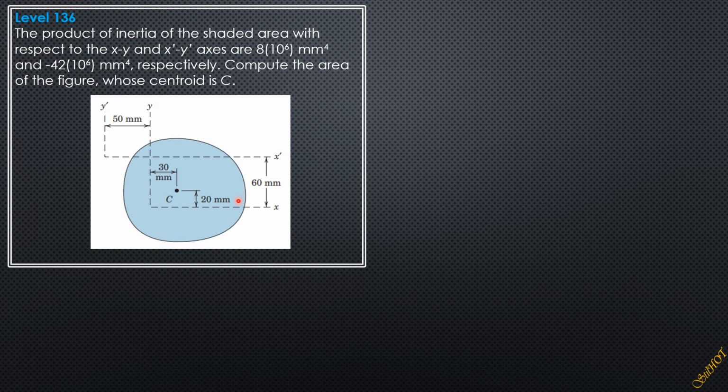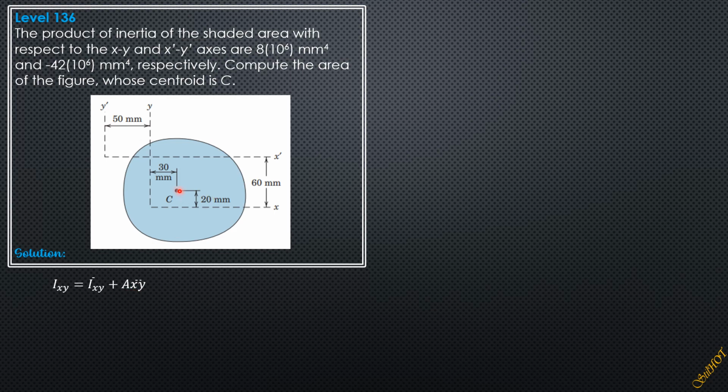So our guide formula: Ixy equals the product of inertia with respect to the centroid, I bar xy, plus area times bar x times bar y. So Ixy is 8 times 10 to the 6, then I bar xy with respect to the centroid is unknown, and the area is also unknown.